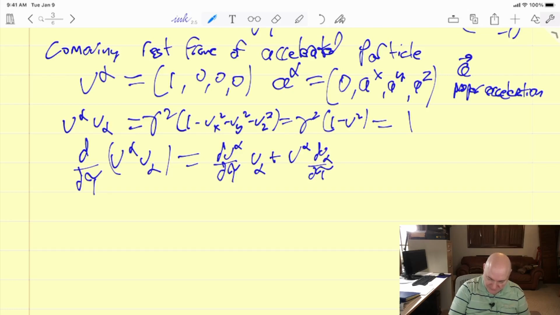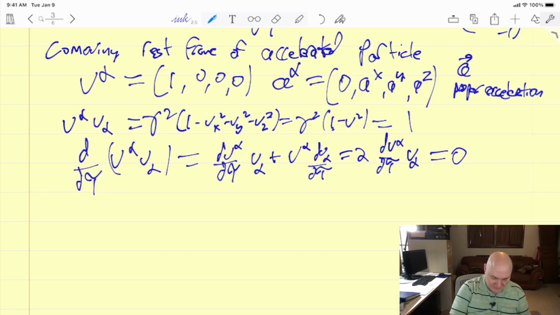And we can move one index up and the other down, and they just become the same thing. And it has to be equal to 0 because u alpha u alpha is a constant, which is 1.